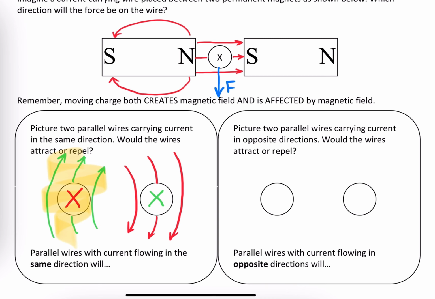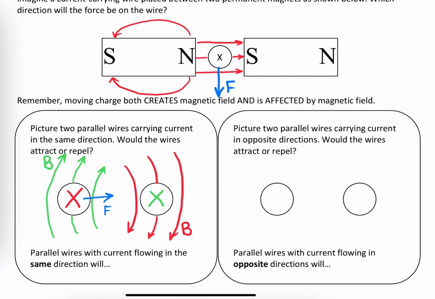And then my middle finger, if I stick it out from my palm, perpendicular to both of those, I see that it is pointing to the right. So the force felt by this first wire from the second wire's magnetic field will be to the right. I should label all these. These green arrows here, that's B, my magnetic field. These guys are B magnetic field 2.